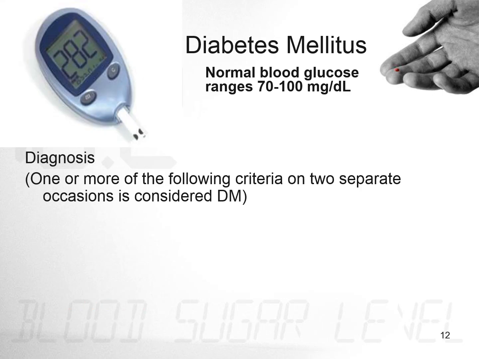A diagnosis of diabetes is made on one or more of the following criteria on two separate occasions.